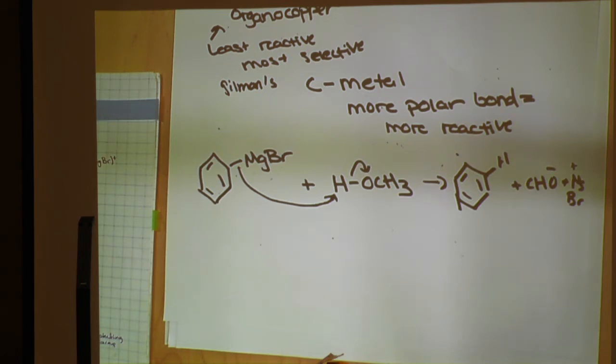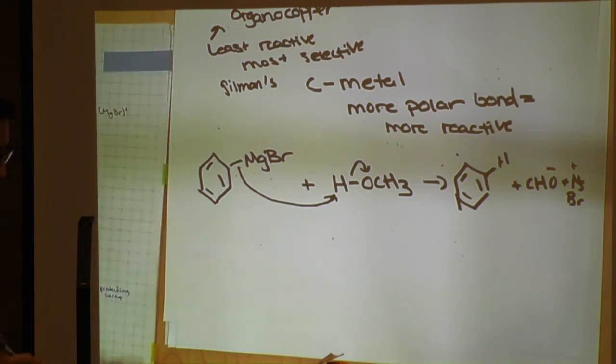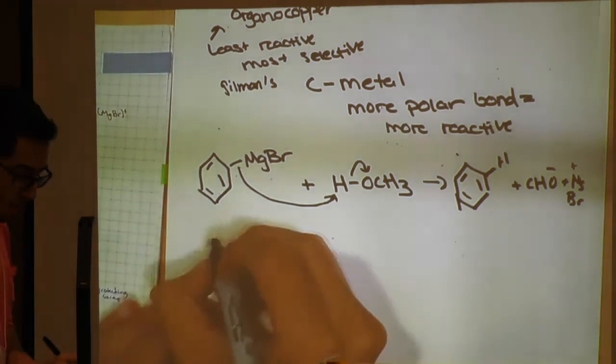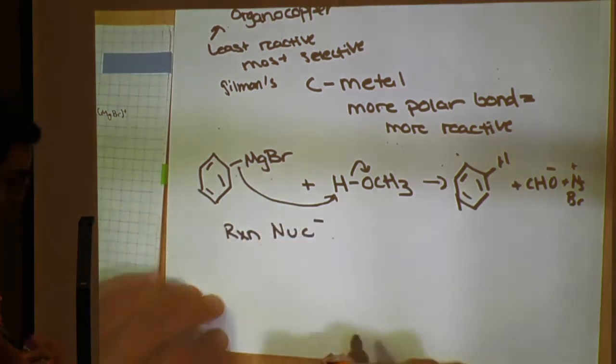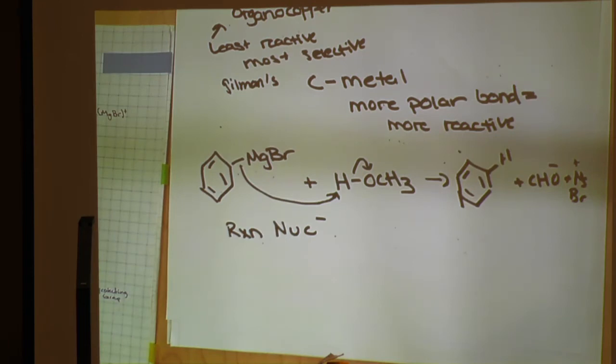Sadly, as easy as that one is, it's rarely ever going to be the main focus. Usually you're going to see these organometallics acting as a nucleophile. But the reaction as a nucleophile isn't too much different, right? All we're doing is switching places. We have our organometallic with an R group or a carbon chain attached to it, and it's going to function in a very similar way to alkylation, where we cleave the bond and then we attach.